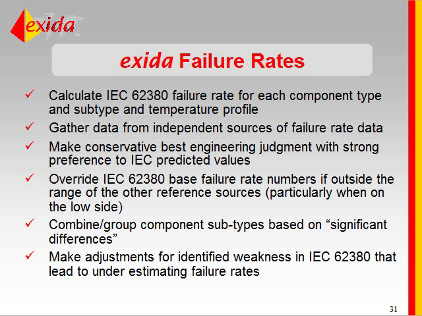Why? For FMEDA analysis, one must be conservative. Occasionally, we found some of the 62380 failure rate numbers do not appear at all to be conservative. And so they're overridden and other sources are used.